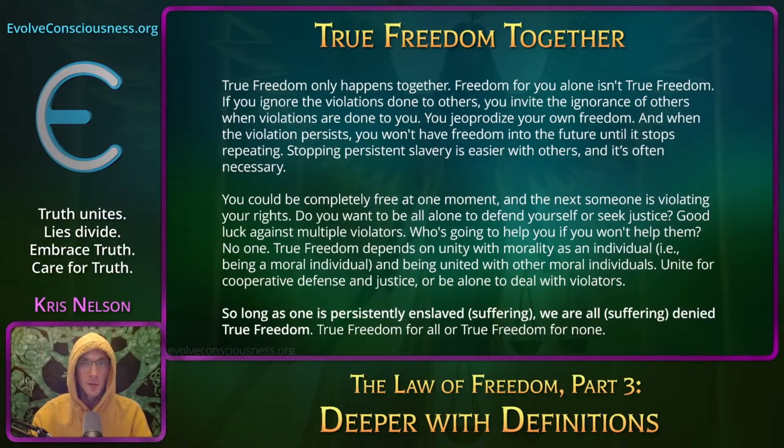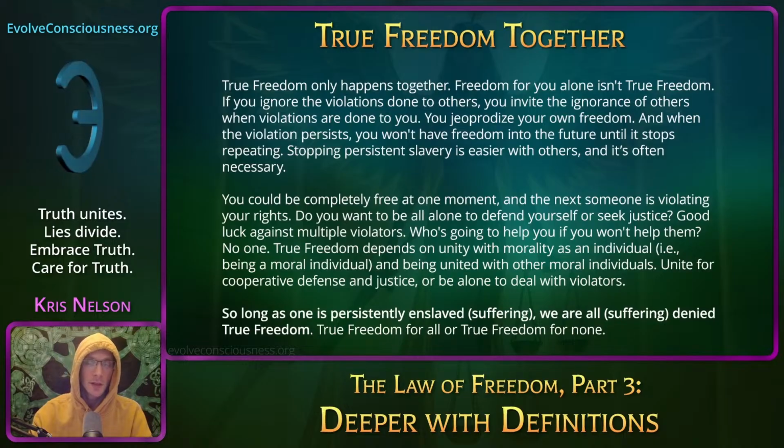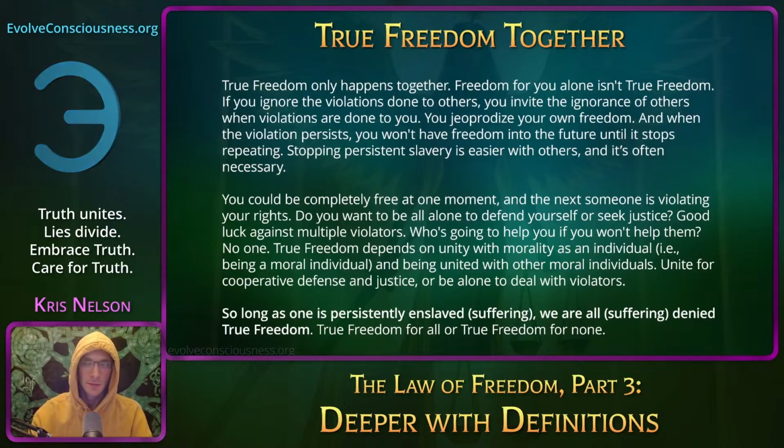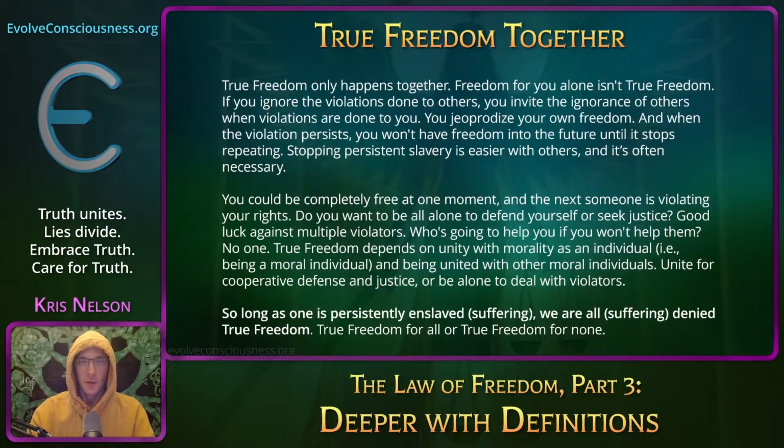Individuals are not united with morality in themselves, and we are not collectively united in the aggregate, and at least a significant portion of us, a significant quantity, a majority, we're not united together through morality as true beings, truly moral beings united together. So we jeopardize our own freedom because we're all not standing together, united against injustice, united against wrongs and immorality.